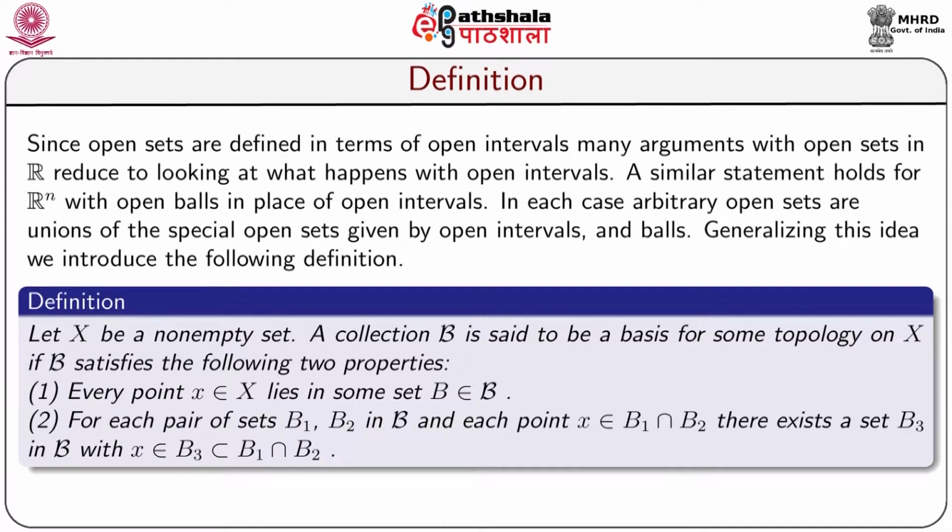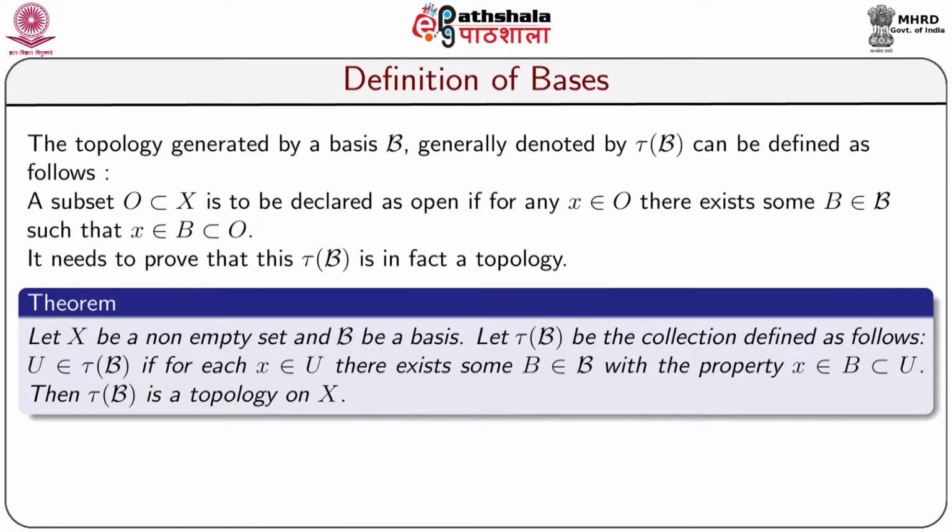If script B satisfies these two conditions, then we say that script B is a base for some topology on X. Now the question is, how does a basis generate a topology?